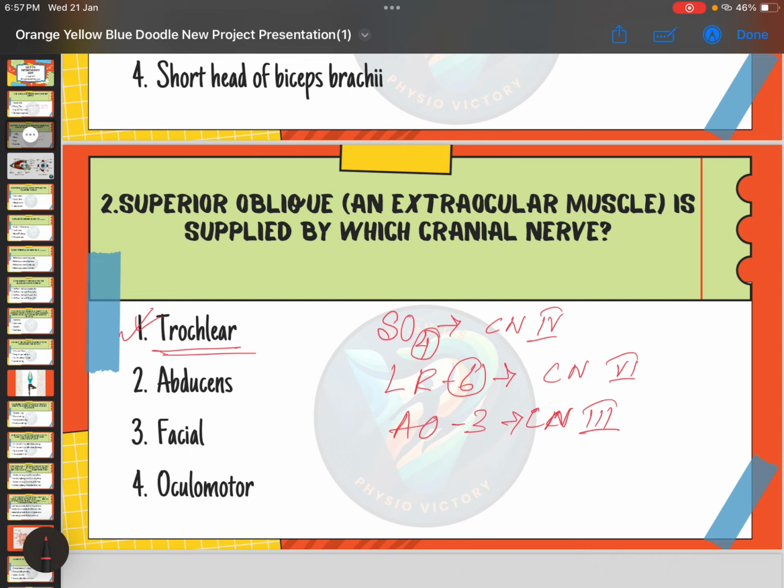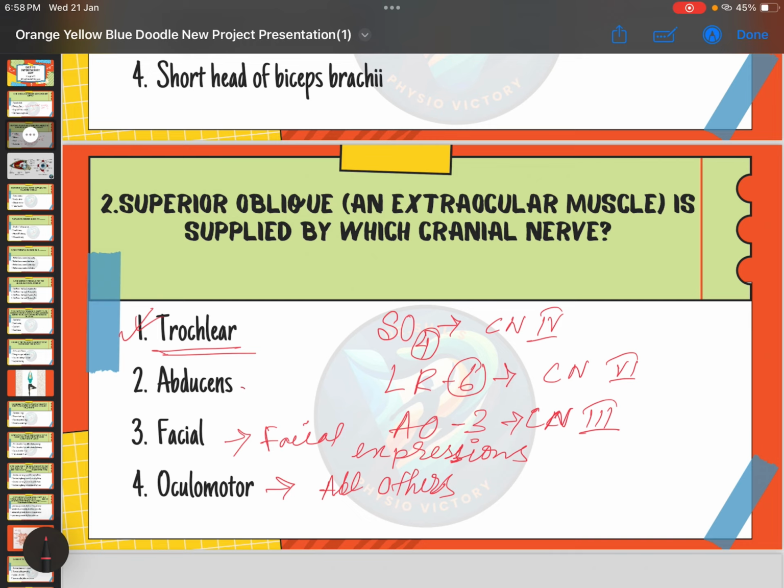which is oculomotor. Oculomotor supplies all the others. Facial is for facial expressions basically.